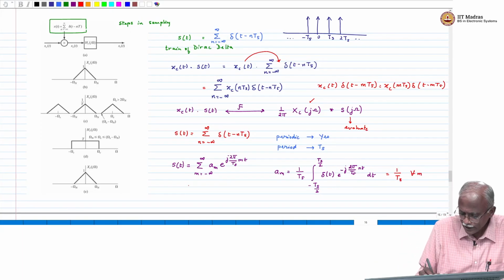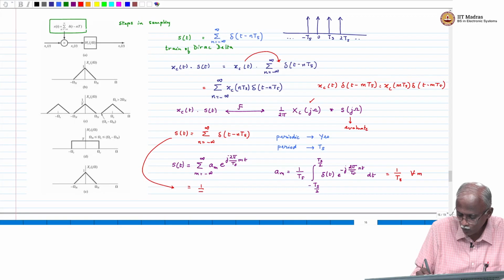So s of t, this Dirac delta sequence, can also be written as 1 over Ts summation m equal to minus infinity to infinity e power j 2 pi by Ts times m times t.